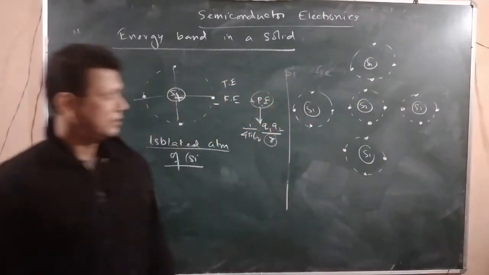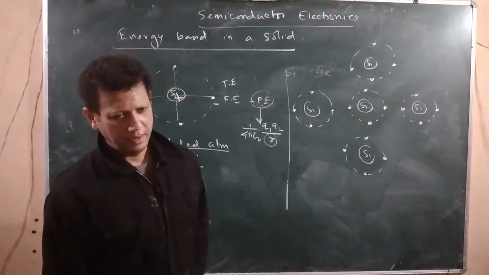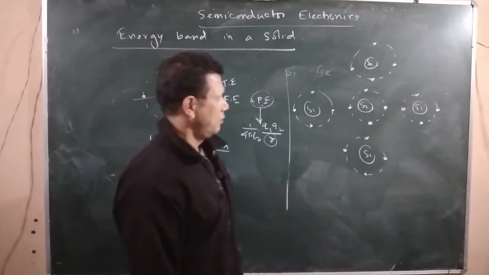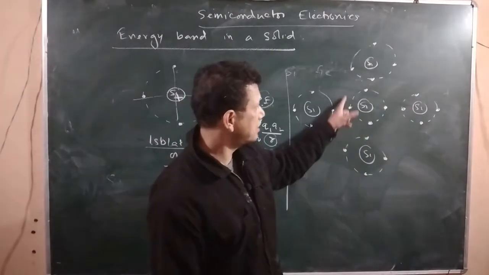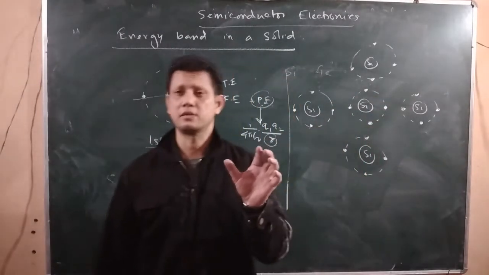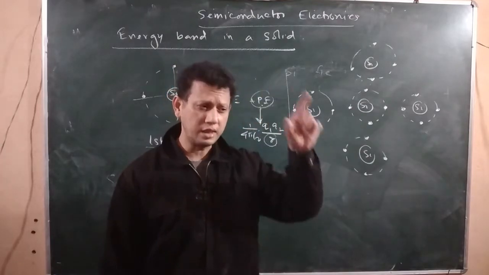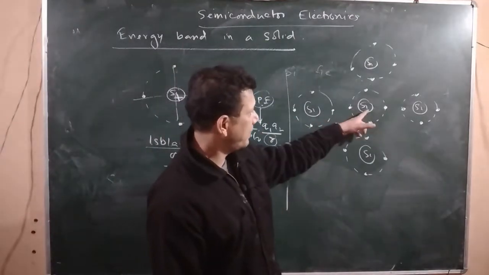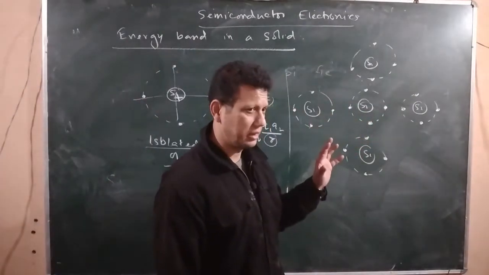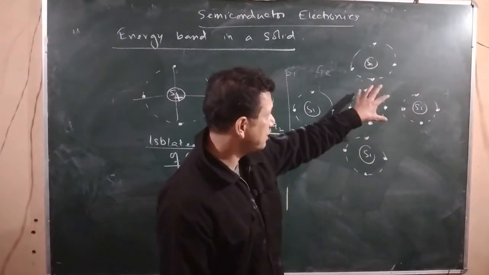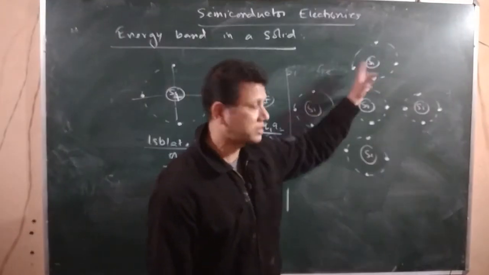Okay, now there are billions of silicon atoms, and I have taken 5 silicon atoms here. Now what will happen? We know from the octet rule that any atom, to gain stability, wants to have 8 valence electrons in the outermost shell. But a silicon atom has only 4, so it is 4 short. To gain stability it needs 4 more electrons, so it will share the valence electrons of the neighboring silicon atoms.